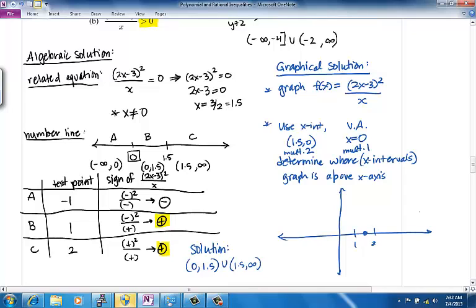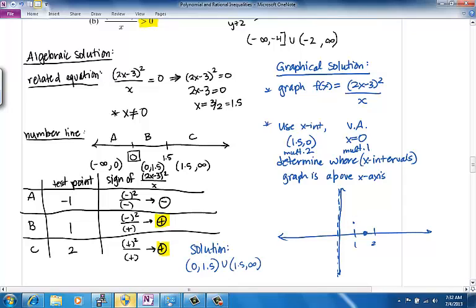So an x-intercept at 1.5, a vertical asymptote on the y-axis. If I substitute a value like, I don't know, x equals 1, I have (2 times 1 minus 3) squared over 1. So that's a positive value, right? So I know at x equals 1, my y value is positive.